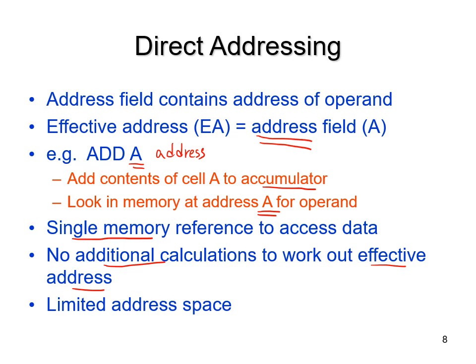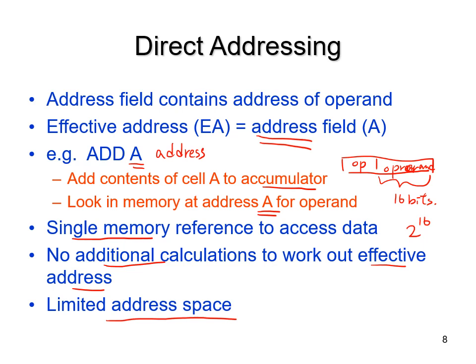But we still have a limited address space because the operand bit field is not too large. For example, you may have 16 bits only. That means you can only access memory addresses up to 2 to the power 16.